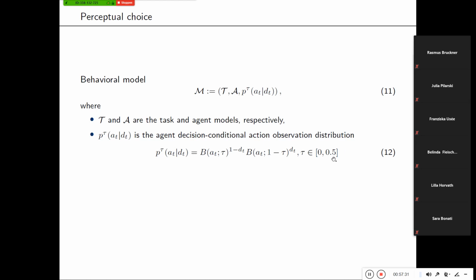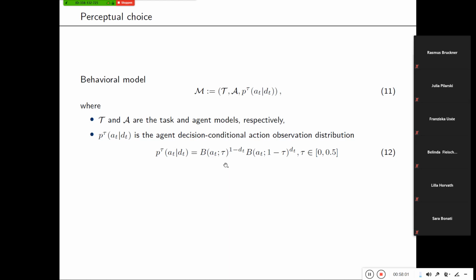And if the parameter is 0.5, then the actions we observe are fully random, although the decisions might not be. The way I do that here is with a Bernoulli distribution over actions, which gets selected depending on the agent decision and is parameterized in terms of this tau parameter.